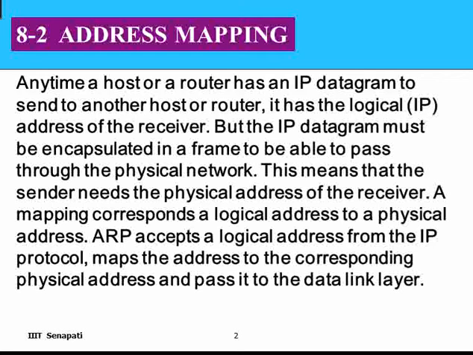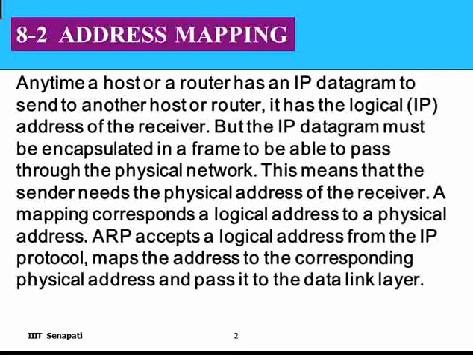You know, because when in the data link layer we think about this physical network, then we need this physical address of the receiver. So for this purpose, we need to map our logical address to physical address.